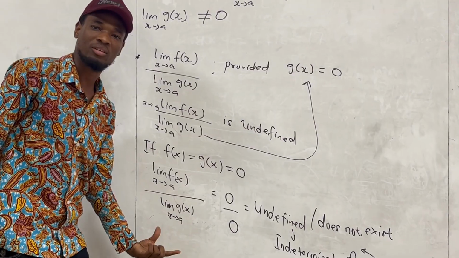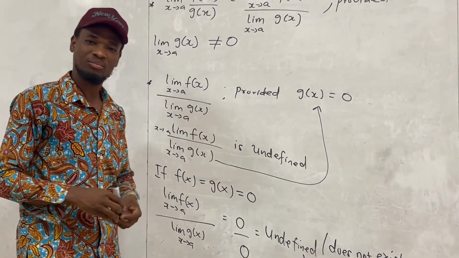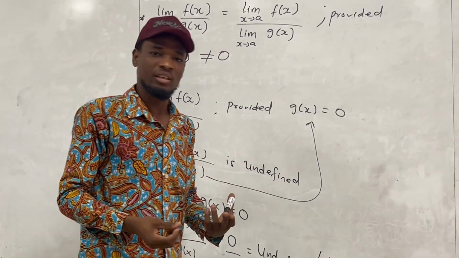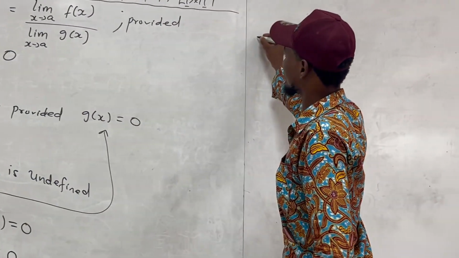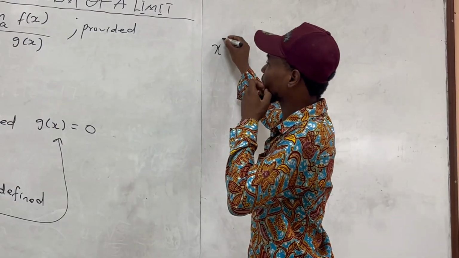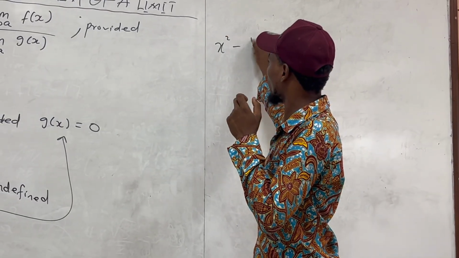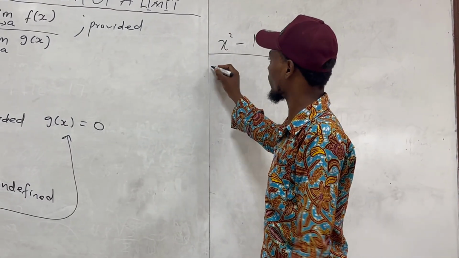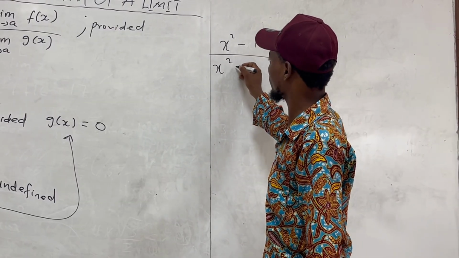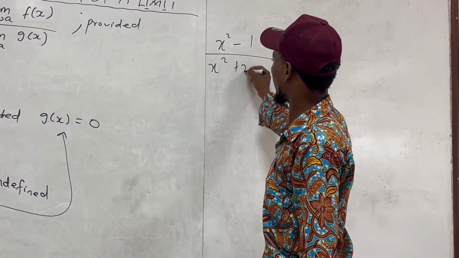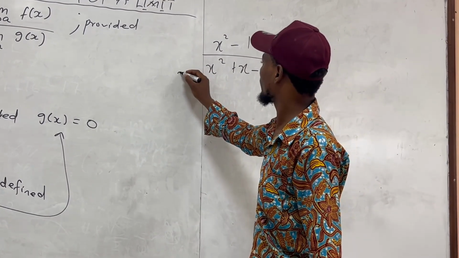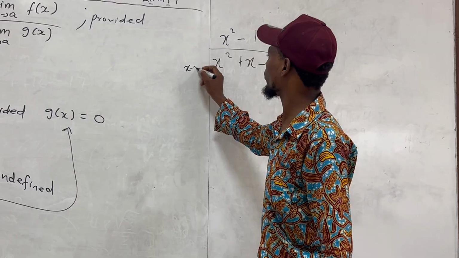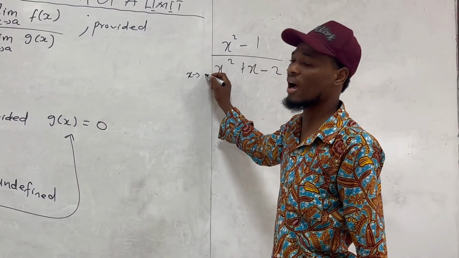As simple as that. Now, viewers, let's say for example, I have x squared minus 1 all over x squared plus x minus 2, as x approaches, let me consider, 1.